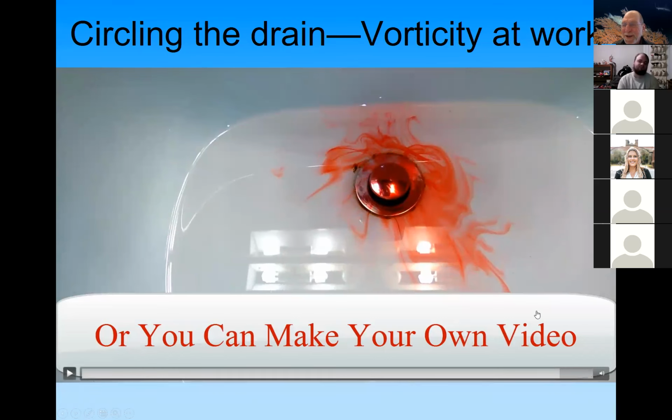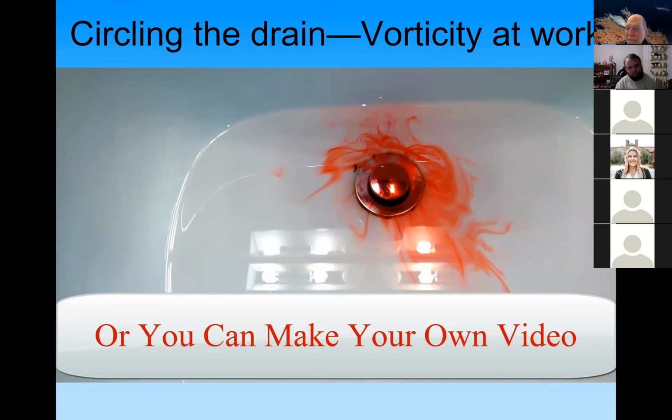Okay, so that was a little amusing diagram, but you can certainly imagine a multiple choice question on an exam saying that the rotation of water draining from a sink is a result of A, Coriolis effect, B, the temperature of the water, C, the depth of the basin, or D, vorticity. And what would the correct answer be? D. D, very good.